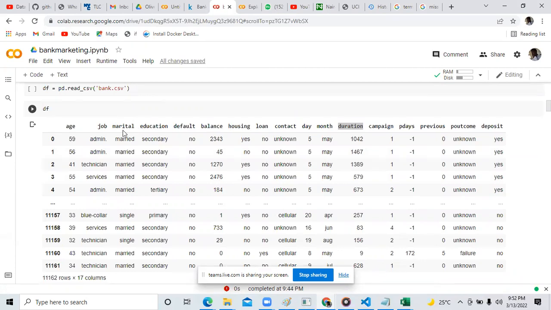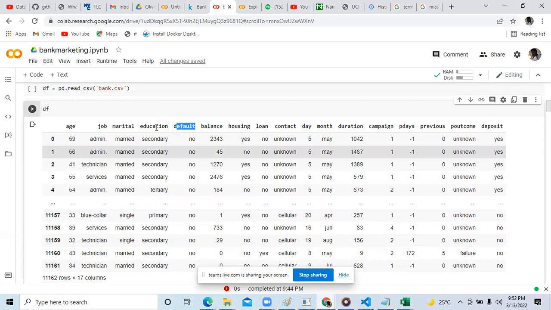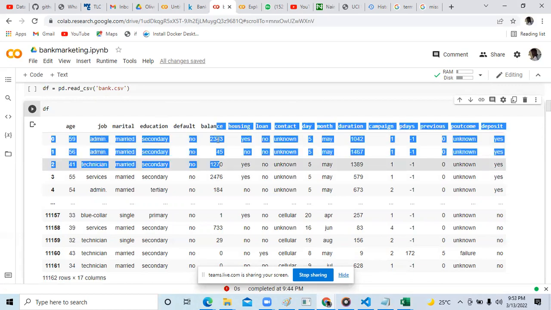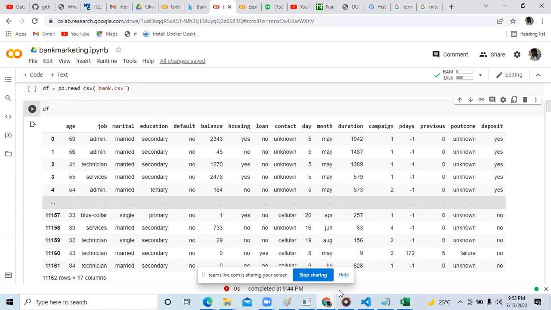For example, marital status is a categorical feature. It's either the client is married or unmarried. Default is either yes or no. Education is categorical as well, although there are 6 classes in education, but it's also categorical. Balance is numerical. Day is numerical. Duration is numerical.